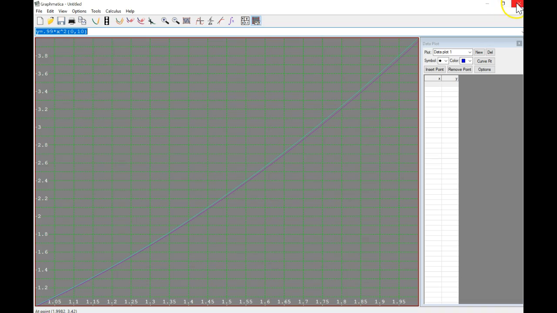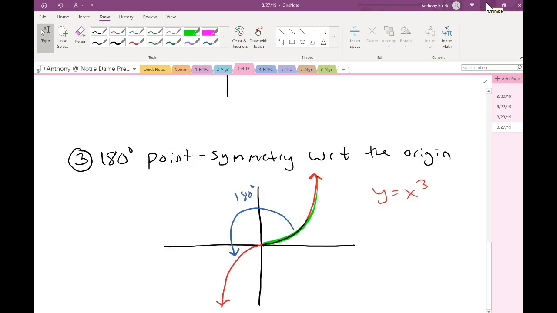So what we want is a non-graphical method for being able to check for these kinds of symmetries. Ideally, what we want is an algebraic method, and we actually have that.